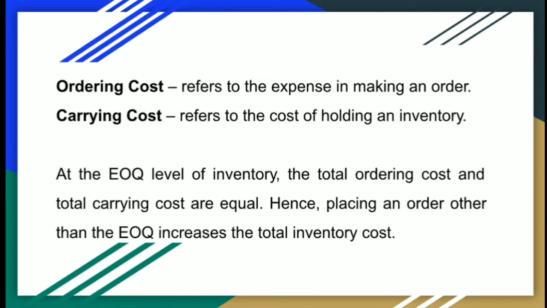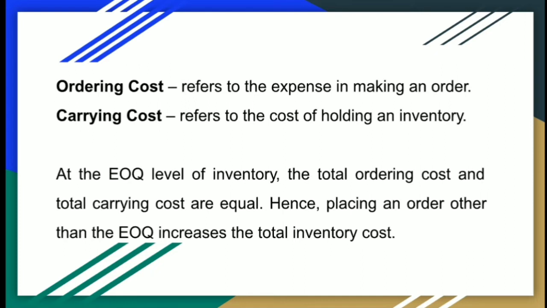And another, they have to pay for the operation of the warehouse, and they also have to pay for the salaries of the employees who work at the warehouse. So that is what we call a carrying cost, and also other expenses such as taxes or insurance. So those expenses are called carrying costs.